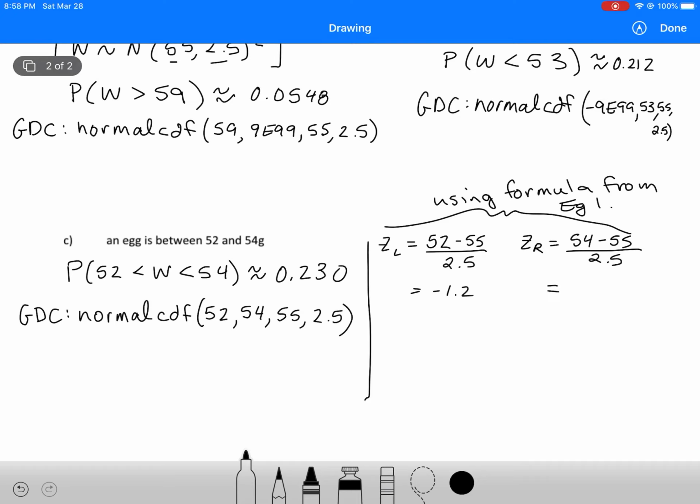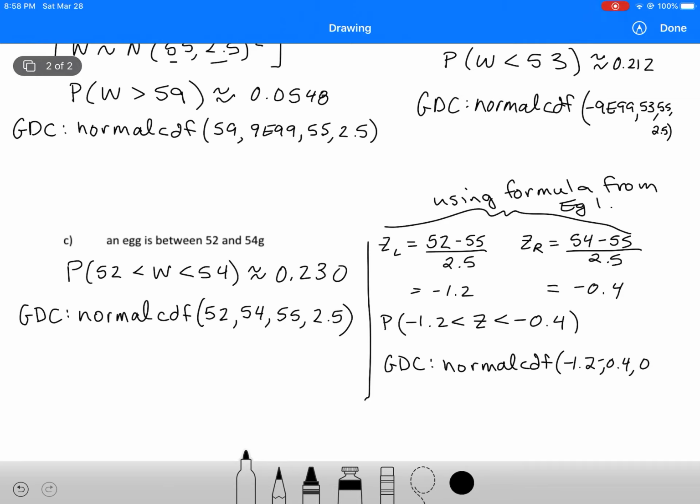Here we've got minus 0.4. So now, really what we're looking for is the probability that our new standardized variable Z is between minus 1.2 and minus 0.4. So again, we can use our GDC, same distribution function, but instead we have new limits, and then our standard normal mean and standard deviation.